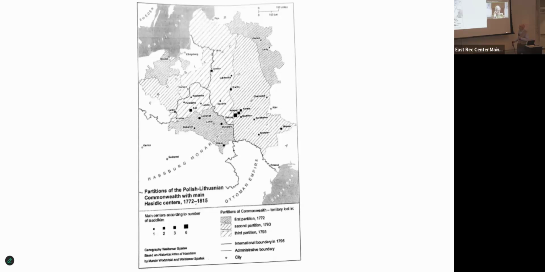Because of these repeated annexations, as you see, 1772, 1793, 1795, all of a sudden Russia, which had almost no Jews, at the end of 1795 had approximately 800,000 Jews. Similarly, Germany had very few Jews, and all of a sudden Prussia keeps expanding, which is Germany. And the same with the Empire.